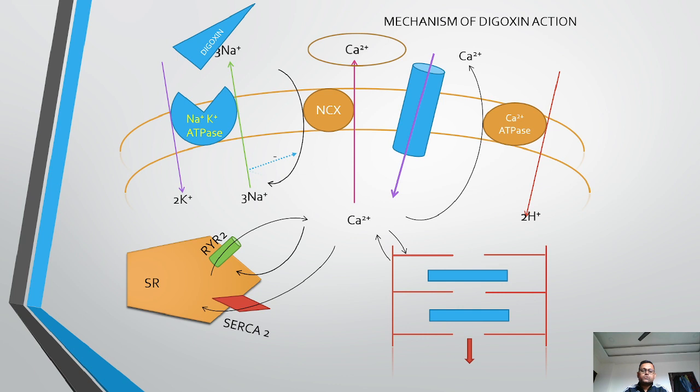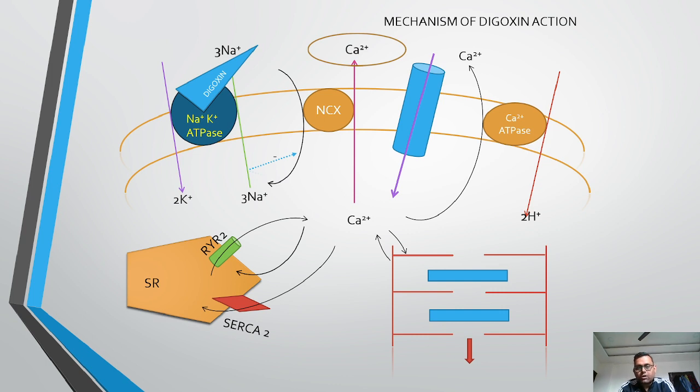So our strategy is to increase this force of contraction by entrapping the calcium within the cell, so that more contraction occurs inside the cell. When digoxin binds to the sodium potassium ATPase pump, it blocks this pump.